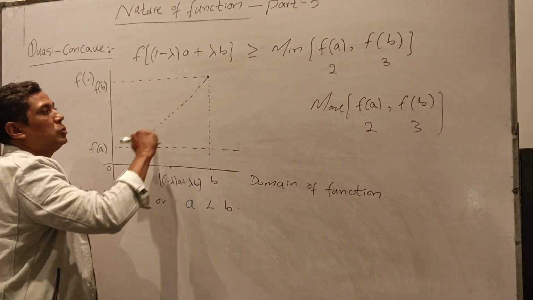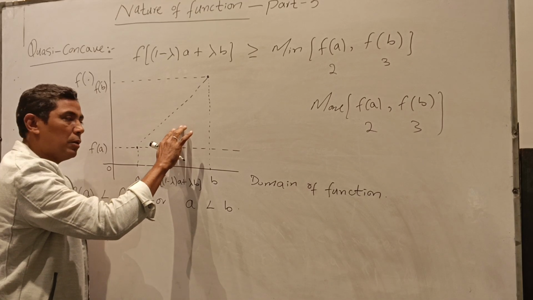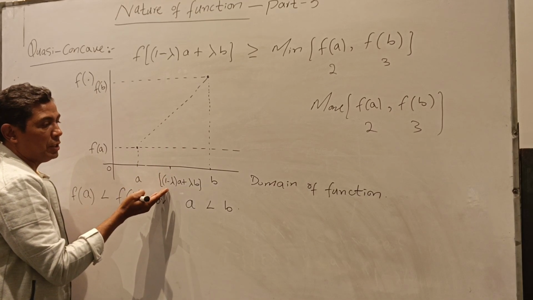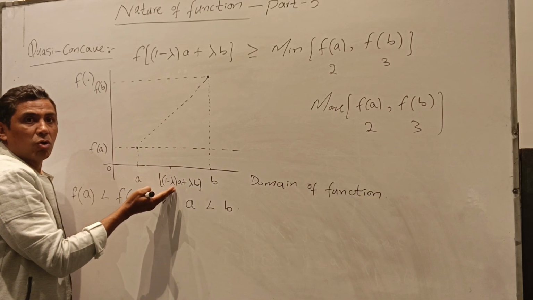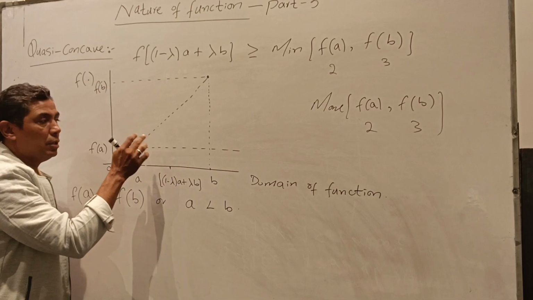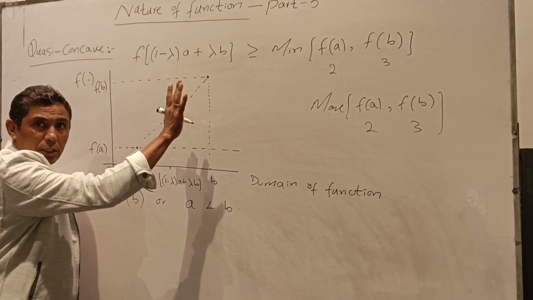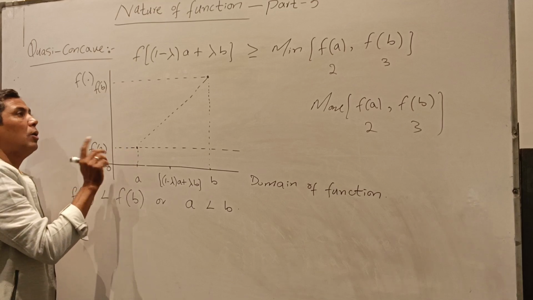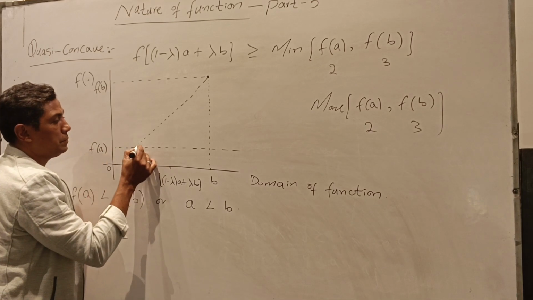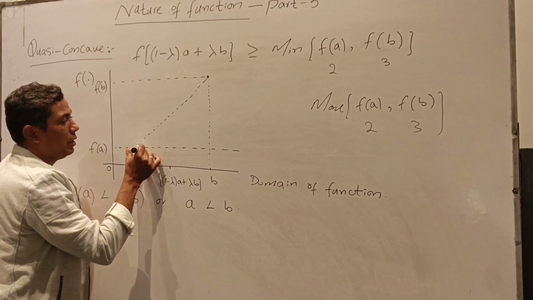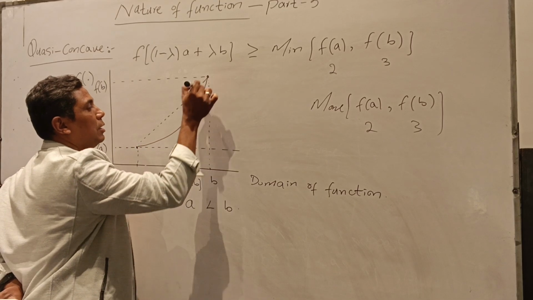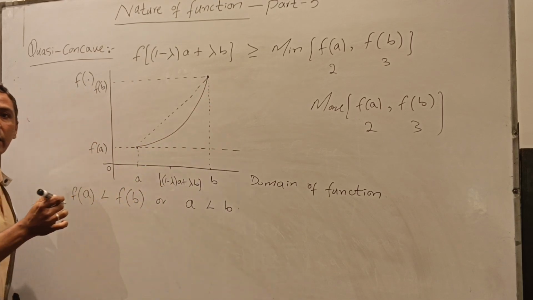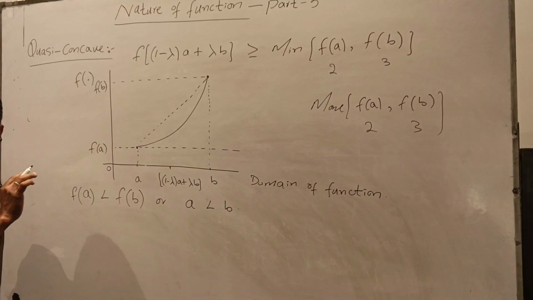Okay, so all values which move in this direction, when we substitute this linear combination value in the function, are greater than or equal to the min of this one. Clear? And similarly, all values move in this direction. Again, these are greater than or equal to the min of a.